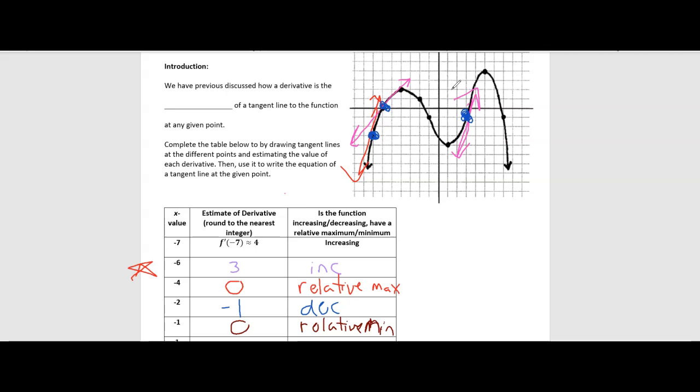Okay, let's see if the opposite holds true for decreasing. So let's look at all the points on our graph where the tangent line has a negative slope. So we've got this point right here, x equals -2. We've got x equals -1. Wasn't the best tangent line, but you get the idea. And we have this point right here.